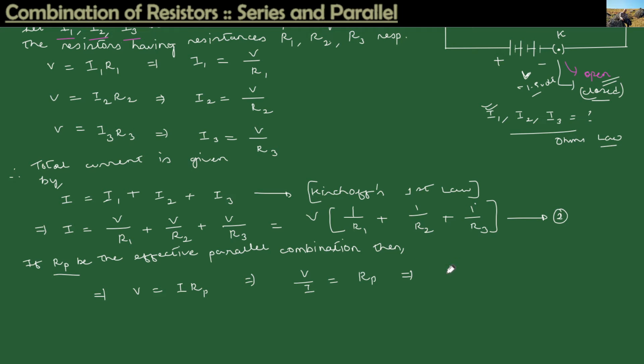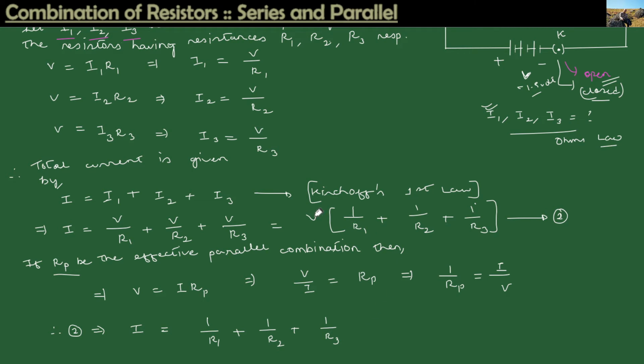Or the reciprocal, 1 by Rp, is equal to I divided by V. Now from equation 2, we have V on the left hand side and I on the right hand side. We will cross multiply that V. We have this expression of 1 by R1, 1 by R2, and 1 by R3 in the bracket.